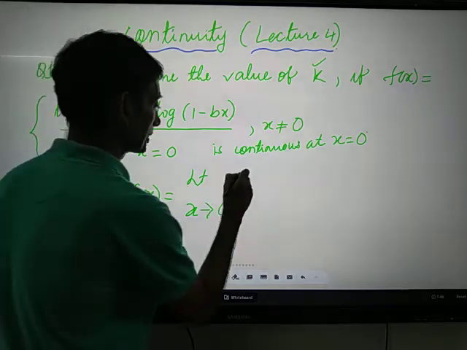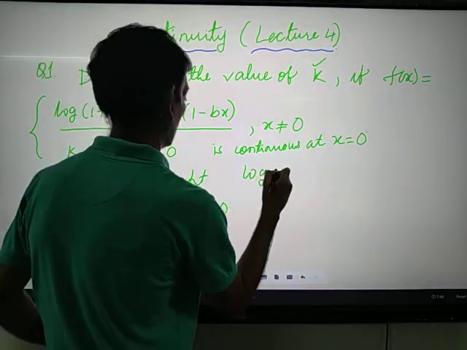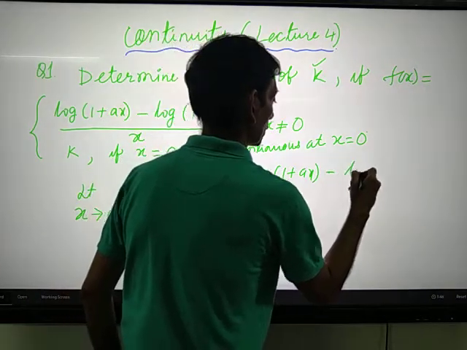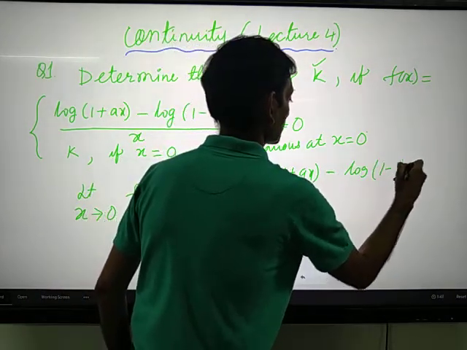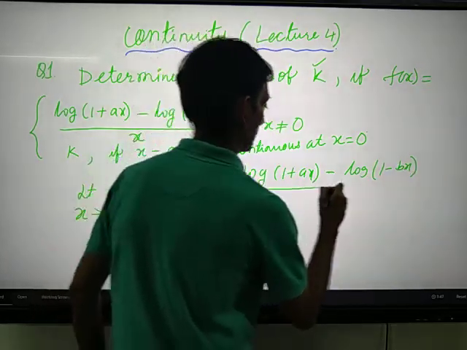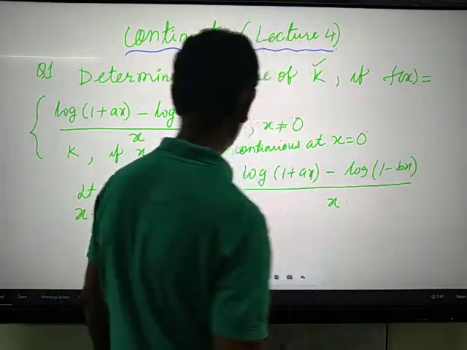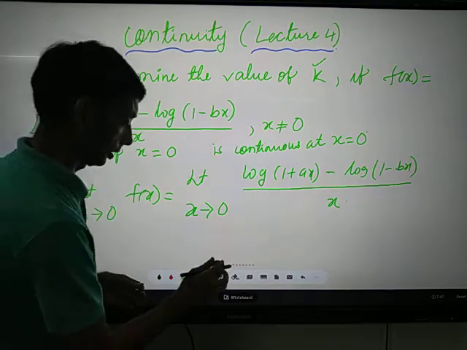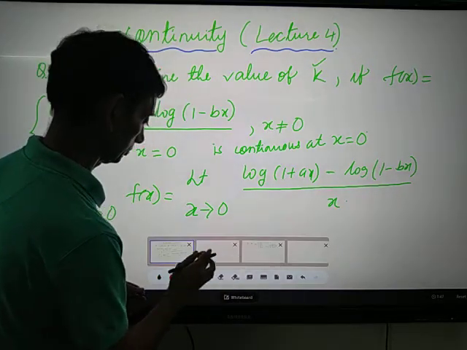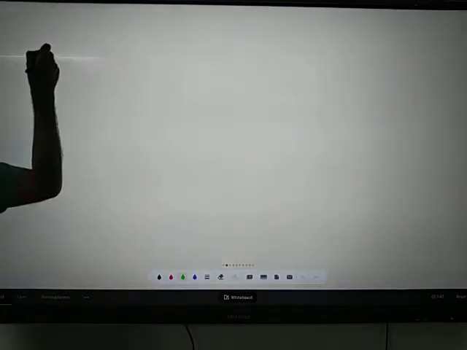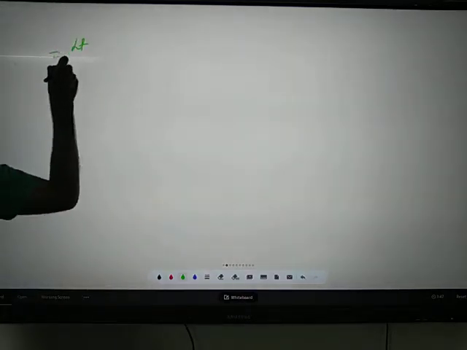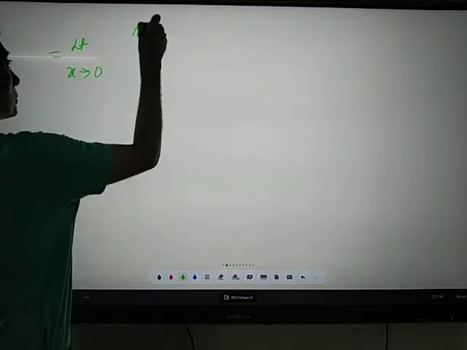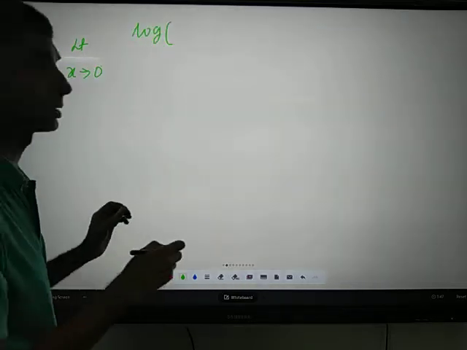So f(x) we will replace with [log(1 plus ax) minus log(1 minus bx)] by x. Let us first calculate this. So this is equal to limit x tends to 0, and we separate the two terms in the numerator.